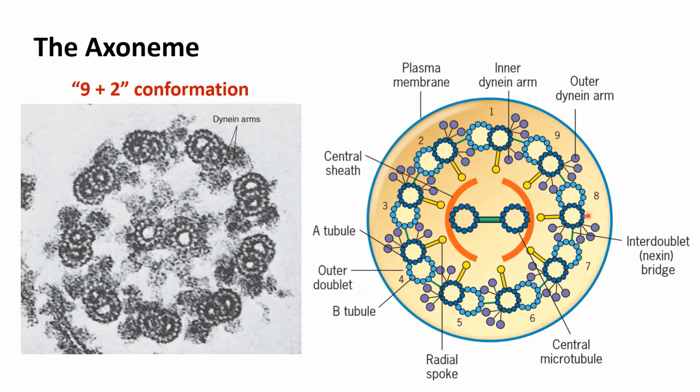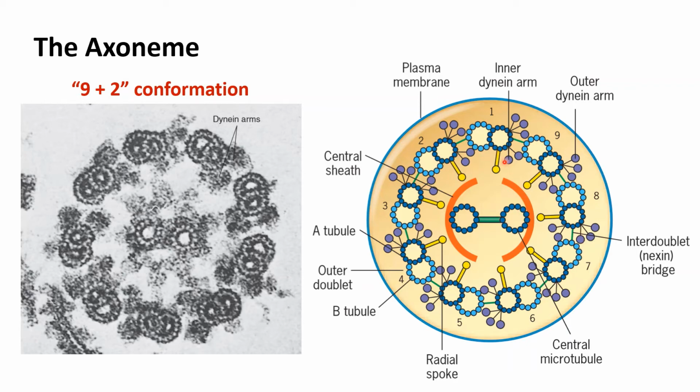So here's a clearer illustration. You can really see here the A microtubule and then the B microtubule, which is incomplete. And here you have your central microtubules and then the spokes that connect the peripheral microtubule pairs to the center point.